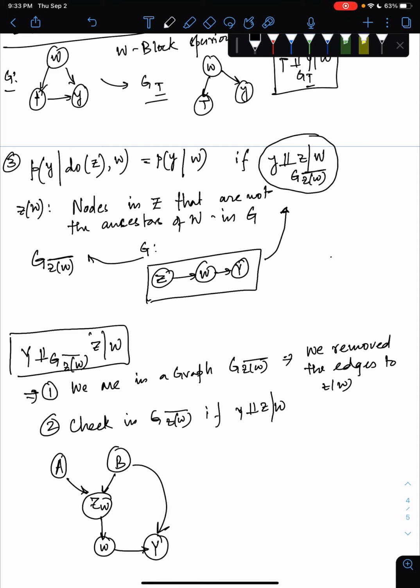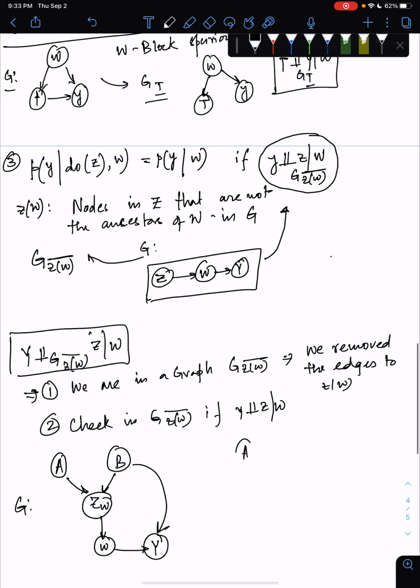Okay, so you can see that this is my original graph, and in this original graph I'm having a chain because I cannot have a fork, or something like this.